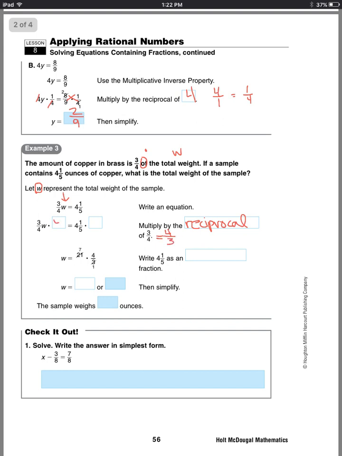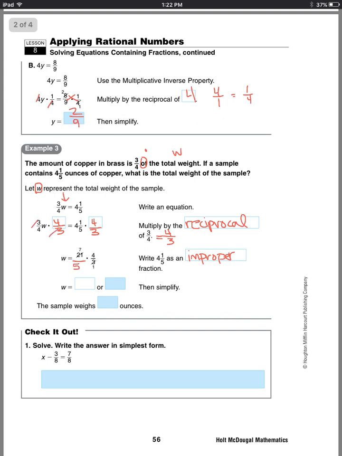So we have times 4 over 3, and we're going to do that to both sides. Okay, now before we can do that, we need to change our mixed number into an improper fraction, which they've done part of it for us. But I believe they forgot that it's 4 times 5 is 20 plus 1 is 21 over 5.